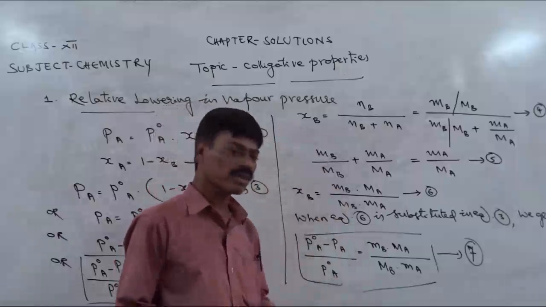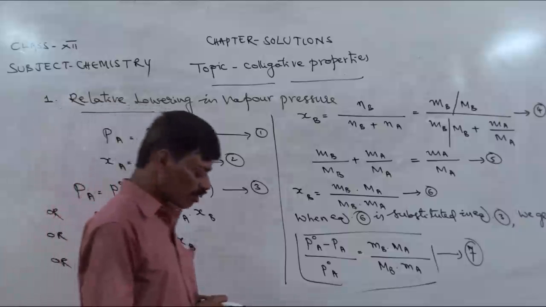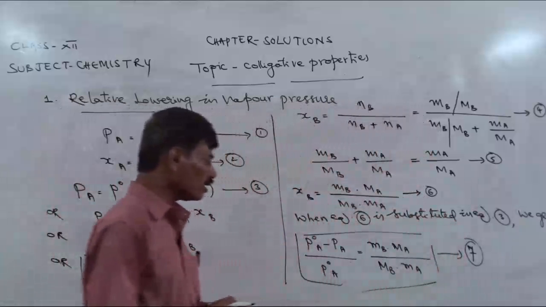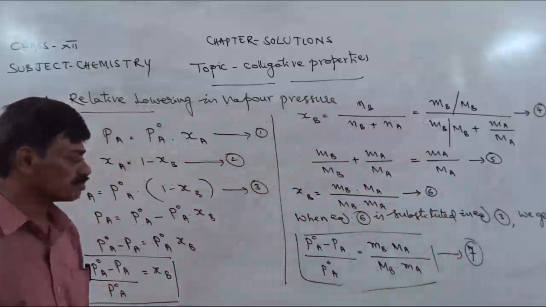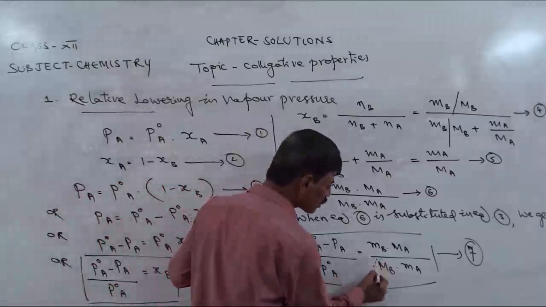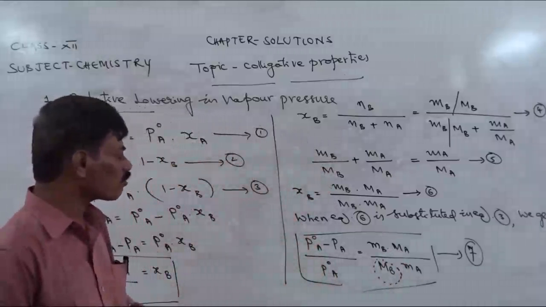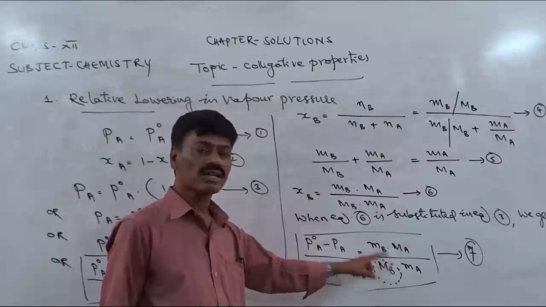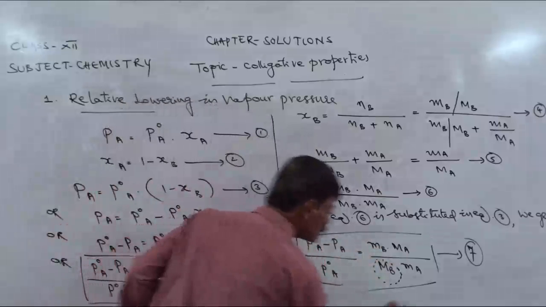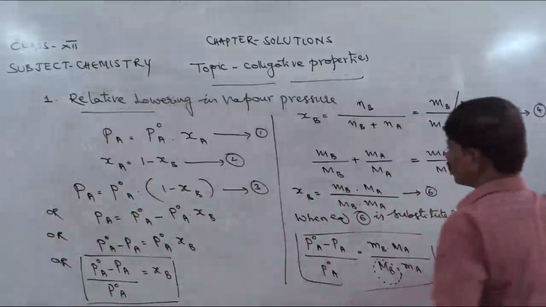Children, according to the application, one of the applications of colligative properties is that it is useful in finding out the molecular weight of the non-volatile solute. Here, this capital MB is nothing but molecular weight. So, when we want to calculate molecular weight, this will be taken towards the left hand side. Right. Then the look of the equation changes and it can be written in this way.